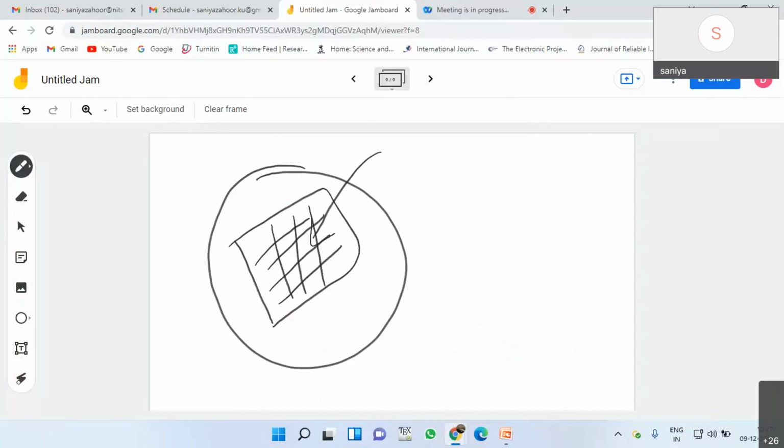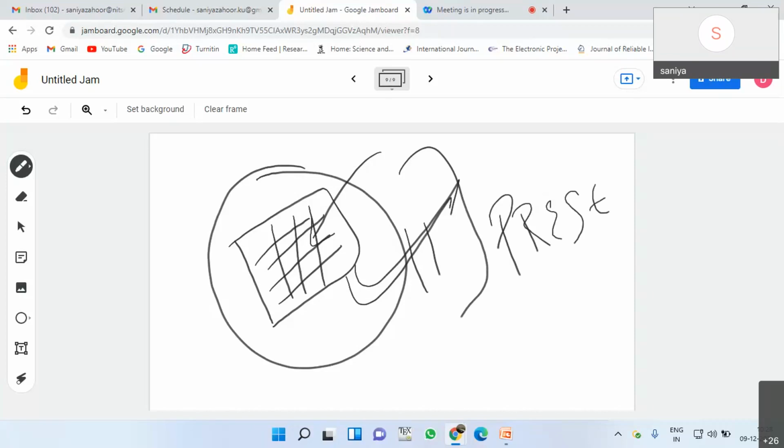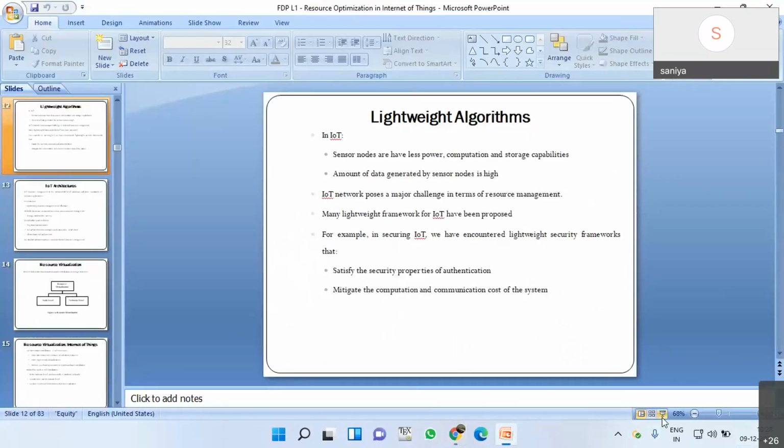No, we are going to design lightweight algorithms that can run well on these devices. For example, if we talk about security, you cannot run RSA and so on. You can run it, but the energy consumption will be more. So we go for certain lightweight algorithms. There are a few algorithms, like TEA, the Tiny Encryption Algorithm, which you usually run on these resource-constrained devices because the resources are limited.